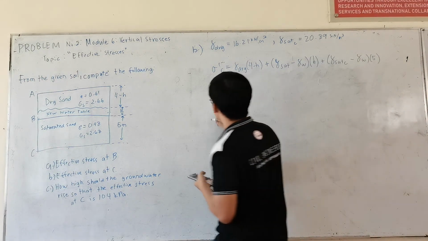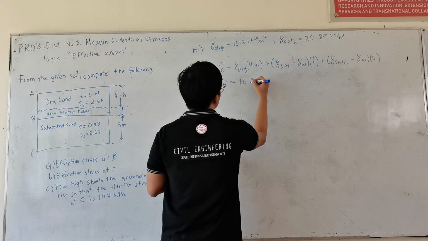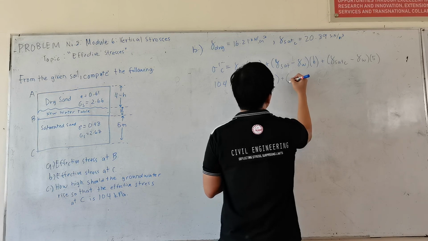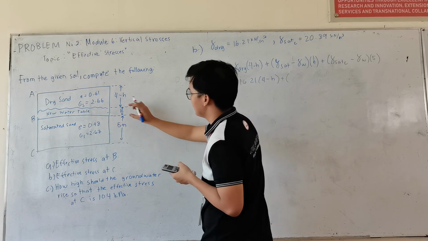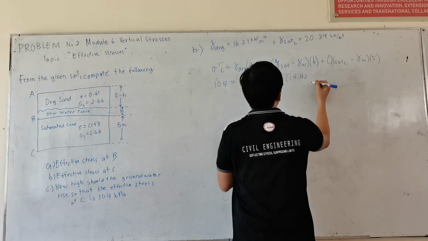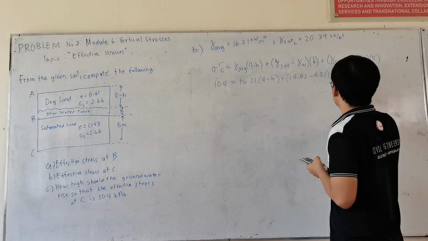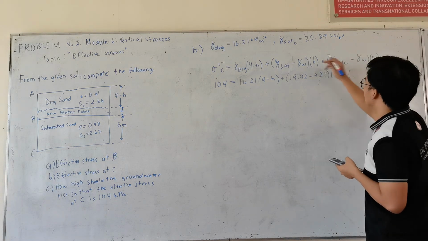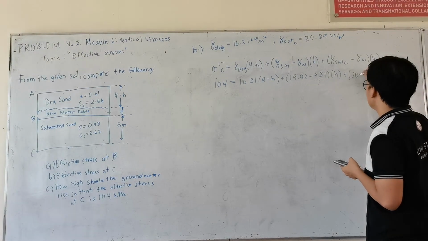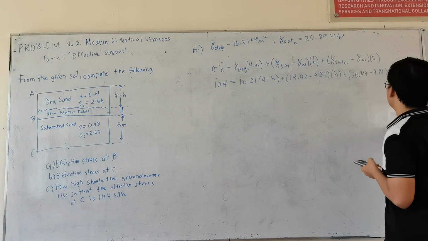Substitute the values: 104 kilopascal is equals to 16.21 times 4 minus H plus, ang unit weight natin sa water table is 19.22 minus 10.81 times H plus, ang unit weight natin sa saturated sand is 20.89 minus 10.81 times 5.